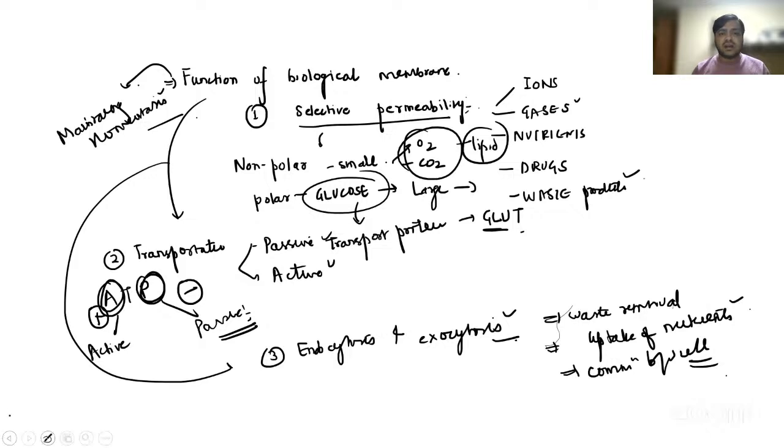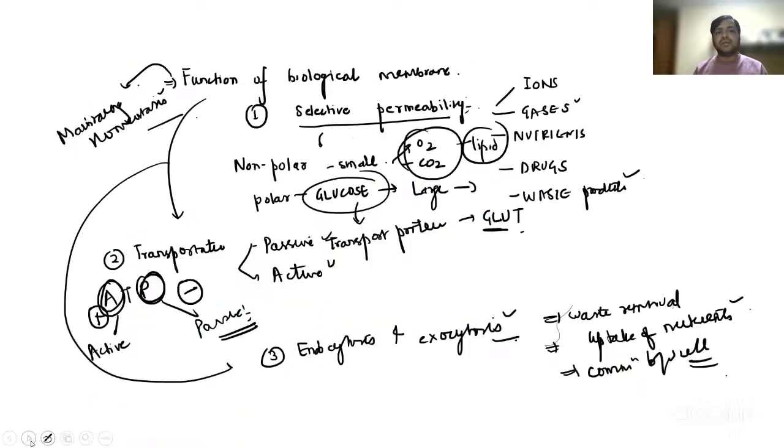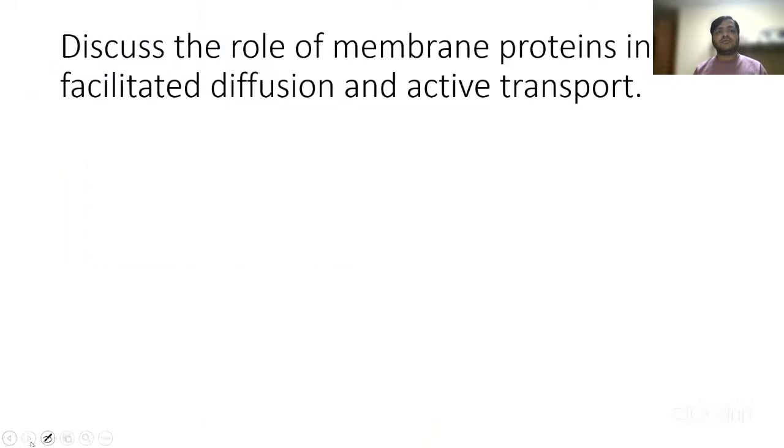Now, that was regarding the very first question, the structure and function of the biological membrane, including the fluid mosaic model. So, coming to the next one: discuss the role of the membrane proteins in facilitated diffusion and active transport.